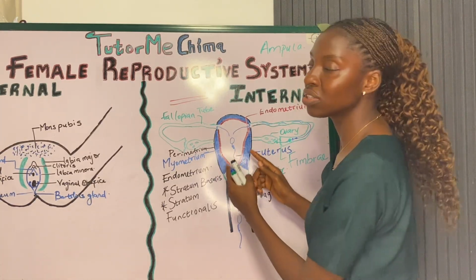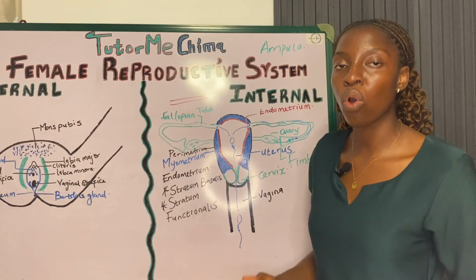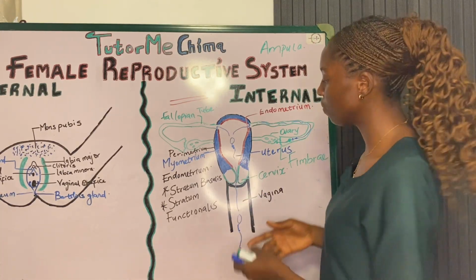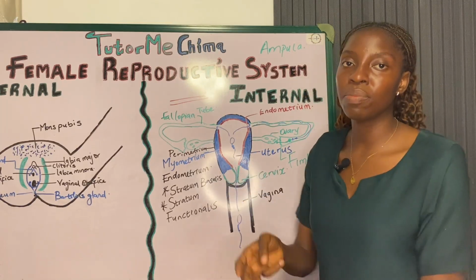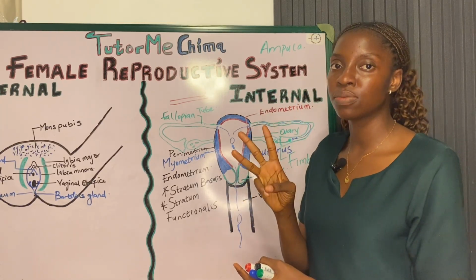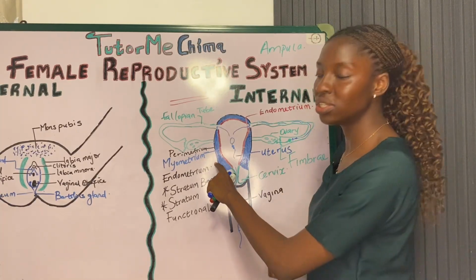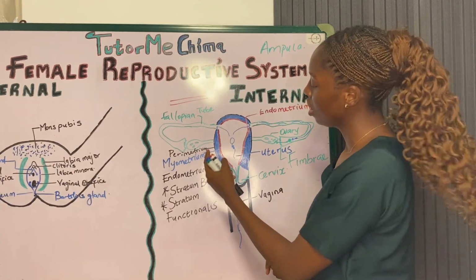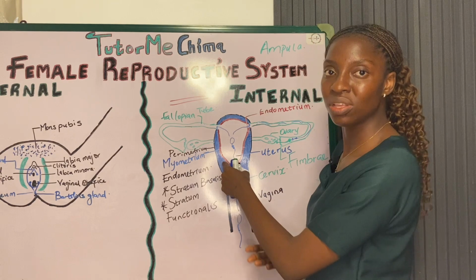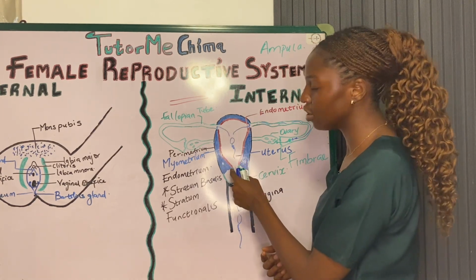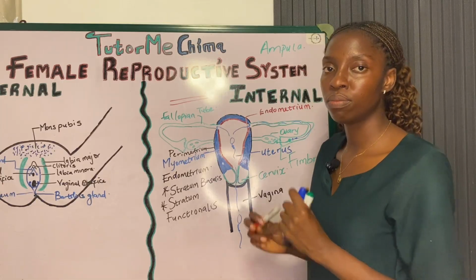Uterus, now in this uterus now, it is where implantation occurs, where the baby implants itself in the wall of the uterus. Okay, and this uterus is actually made up of 3 layers. How many layers? 3 layers. So the outermost layer is called the perimetrium. The middle layer, which is the muscle layer, is called the myometrium, and the inner layer is called the endometrium.